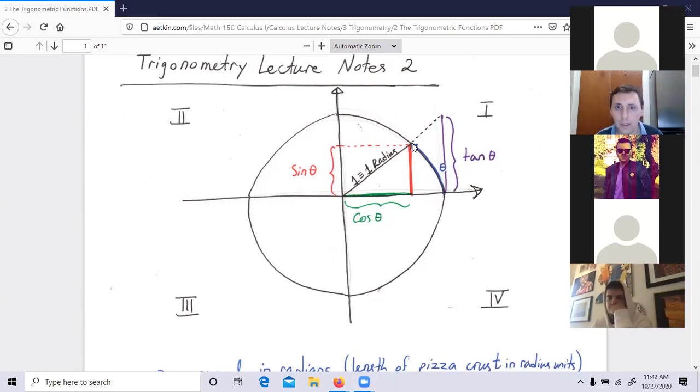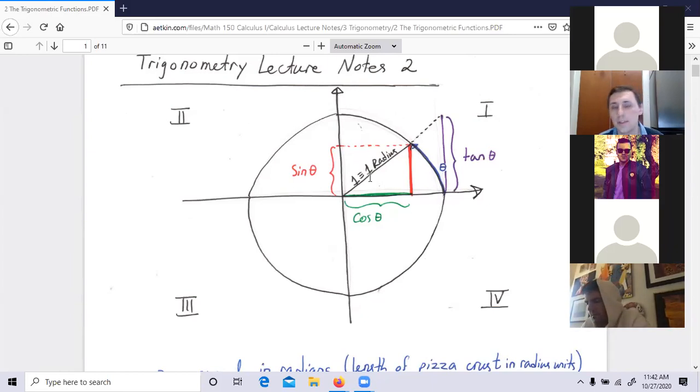So how do we calculate sine? Let's say, what is sine of pi over 4? Pi over 4 is a half of a quarter, right? It's 1/8 of my circle, right? Pi over 4 is when I cut my pizza into 8 slices. You agree? The radian for pi over 4 is the length of the crust in radius units.